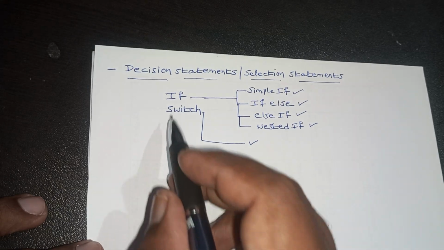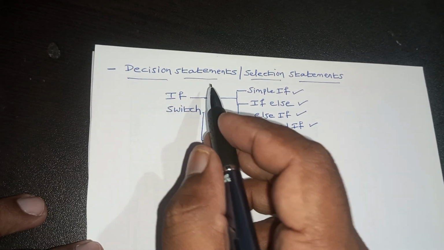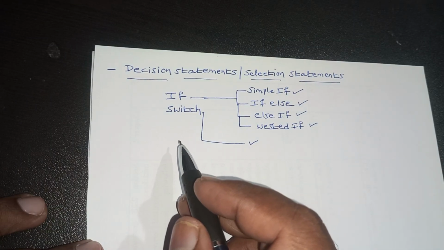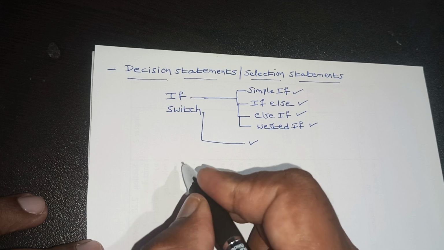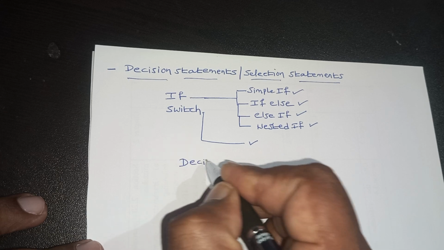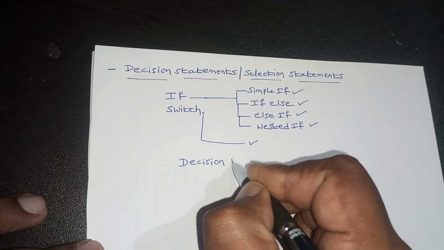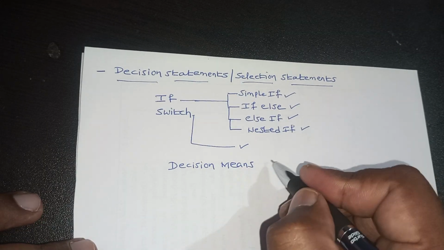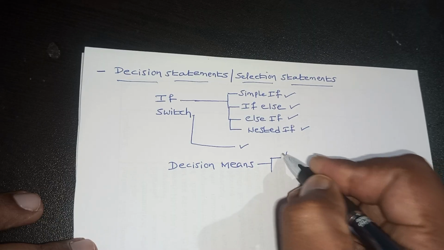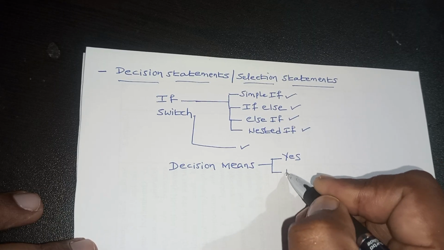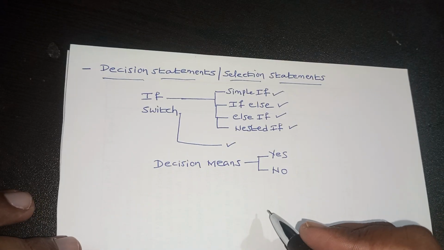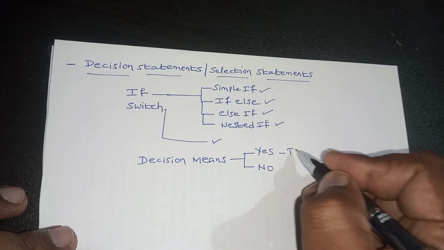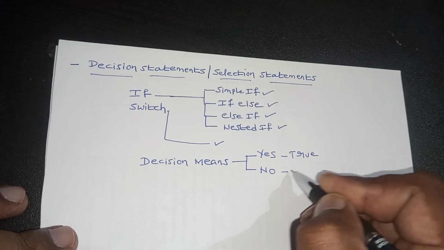First of all, what is the name? Decision statement or selection statement. What is the meaning of a decision? Decision means we have to say yes or no. In our programming language, we have to say true or false.